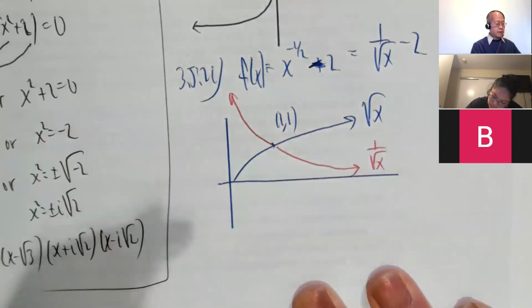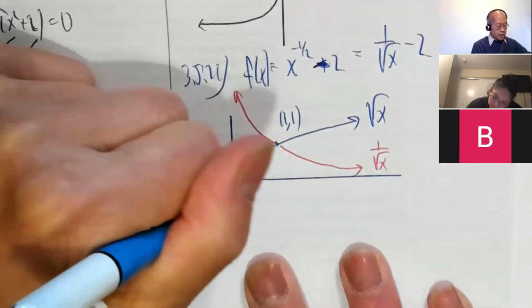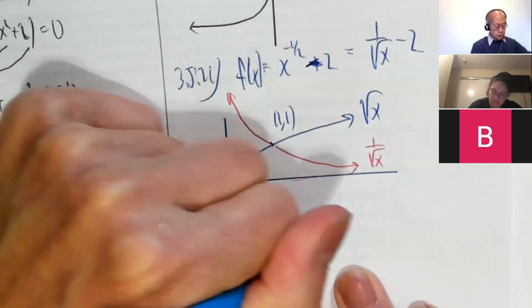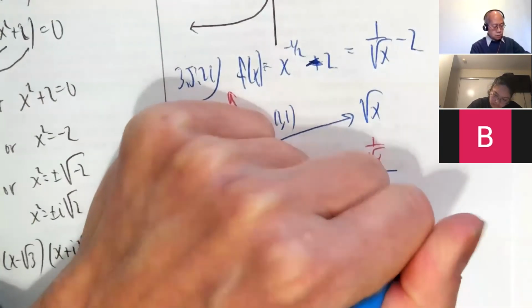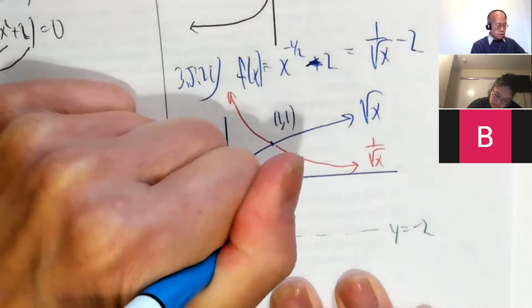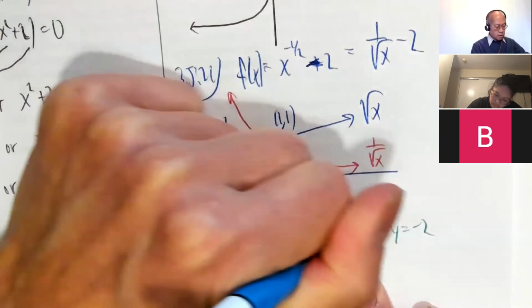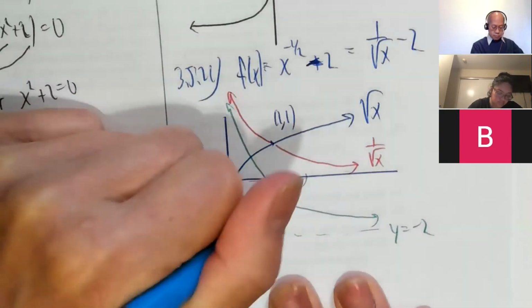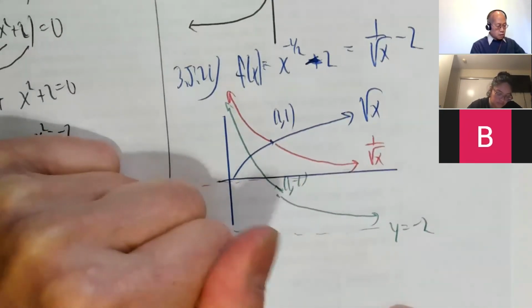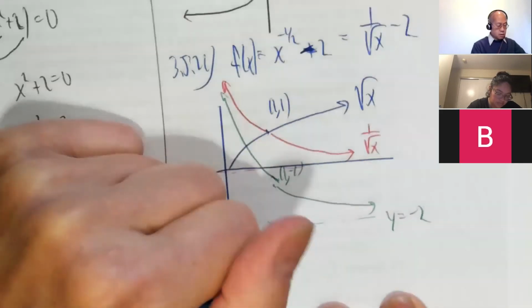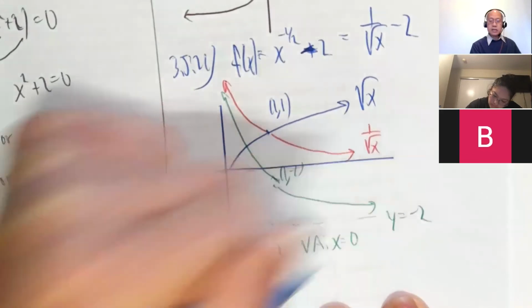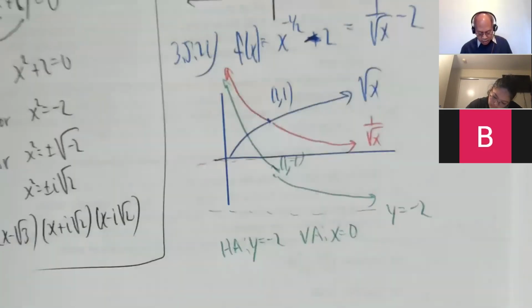And then I shove the whole graph down 2 units. By the way, I do have an asymptote, which is the x-axis. If I move down 2 units, this is 1, negative 1, and I just have the same general shape. So horizontal asymptote, y equals negative 2. Vertical asymptote is x equals 0, which is the same as the y-axis.